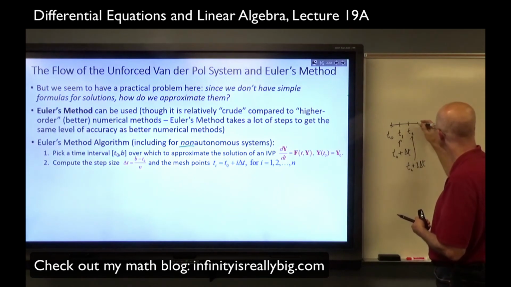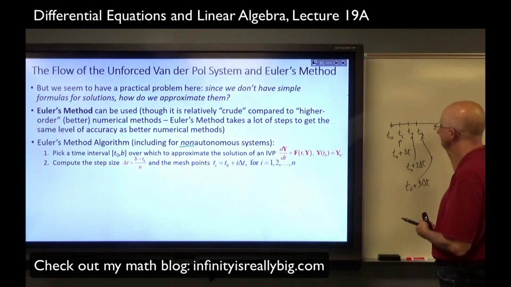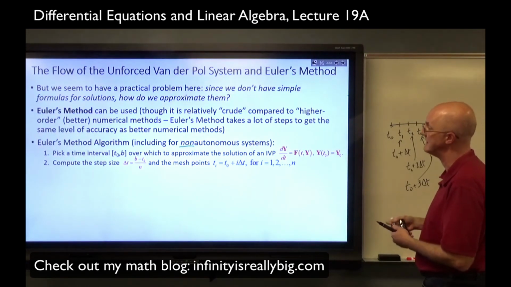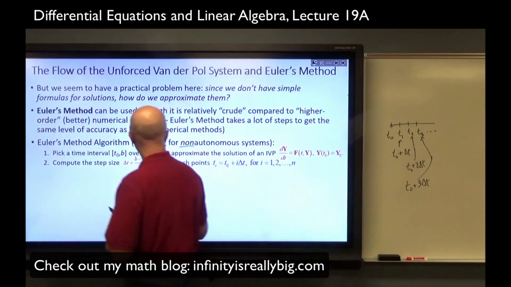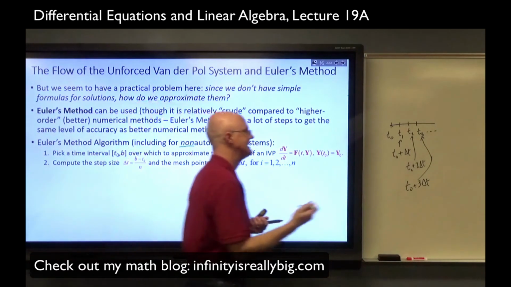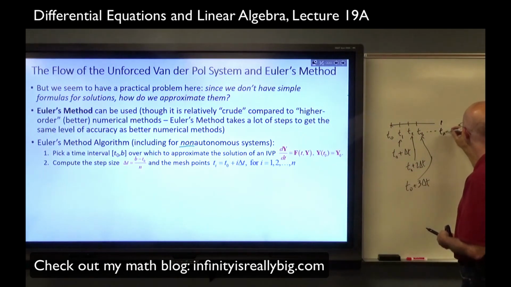The width of each of these intervals is delta t here. T3 would be T0 plus 3 times delta t, etc. Tn will be T0 plus n times delta t. And when you multiply delta t by n, the n's cancel, and what that means is Tn does equal b. Tn equals b.